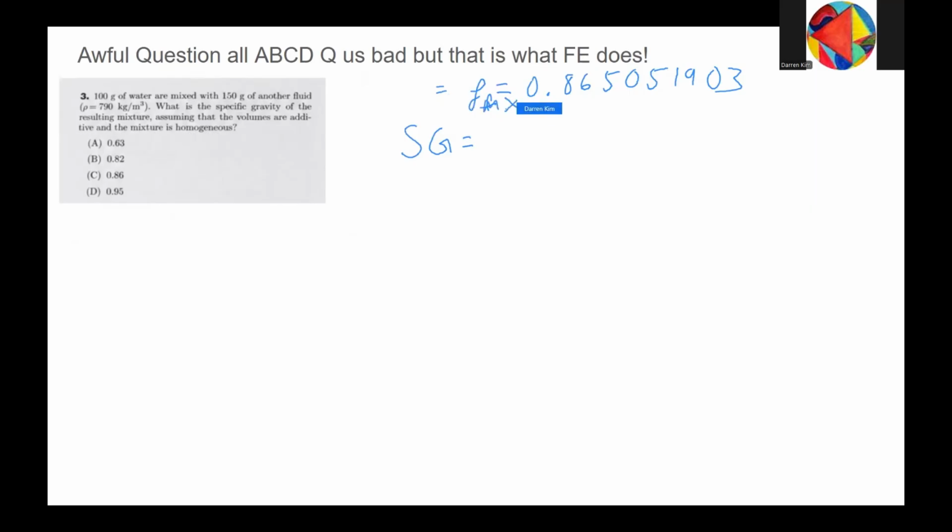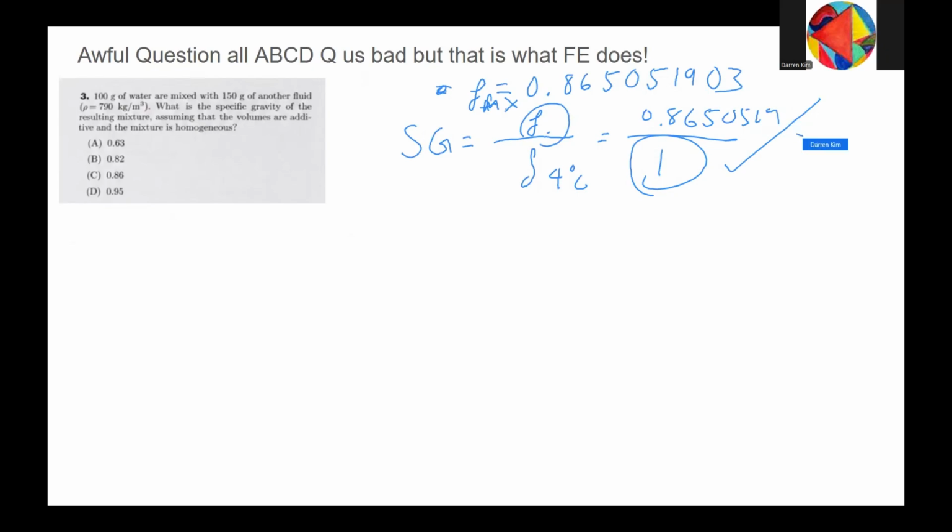I can't say it's a mixture of anything else. I can't additively do anything with that. So with that said, we can do density over density, and this is going to be at 4°C, and then this is going to be whatever other temperature. So we already know that the density of the thing is 0.8650519, because we realized earlier that dividing by 1,000 of the density gives you the right result.